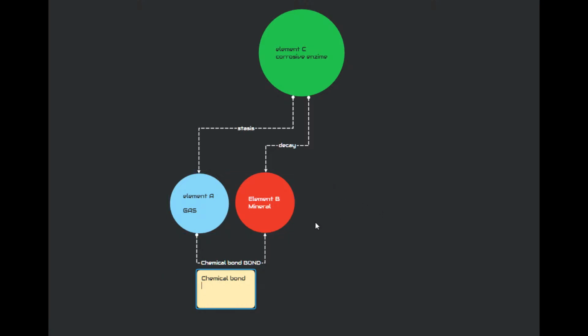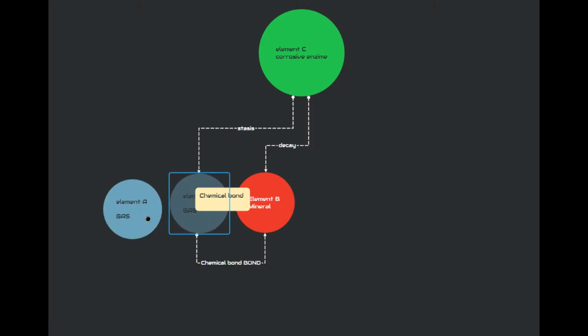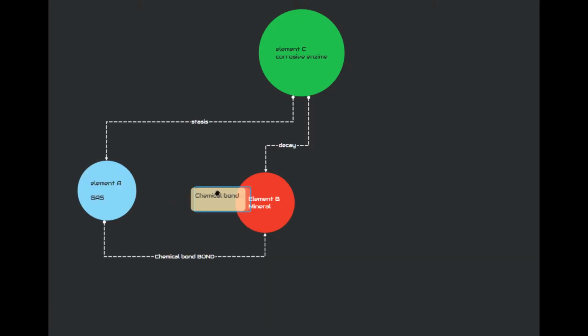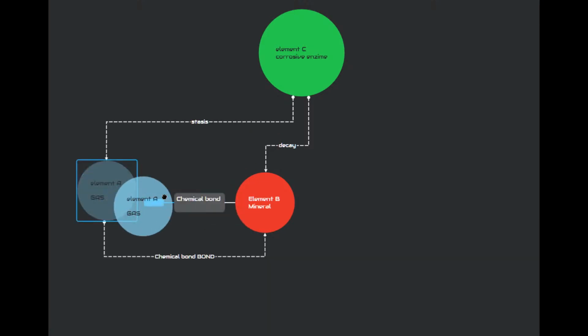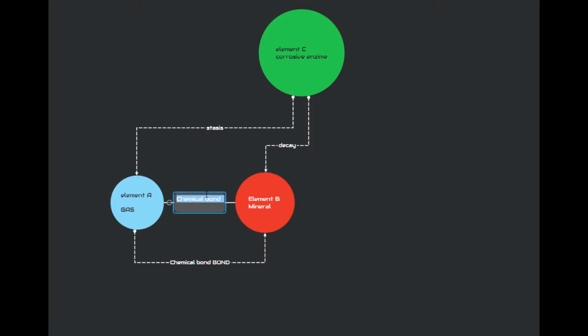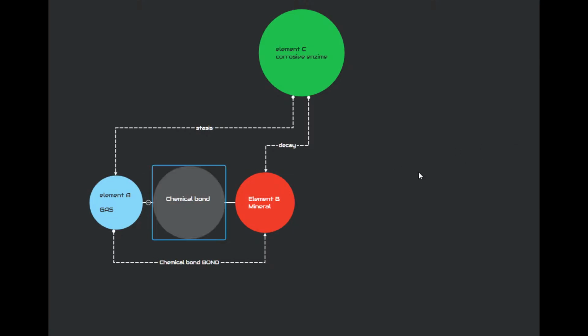So what is the bond? Chemical bond. Okay, if I add this to this, and then this to this, a chemical bond. And then we change this one to dash. So it's a chemical bond. So this is free.